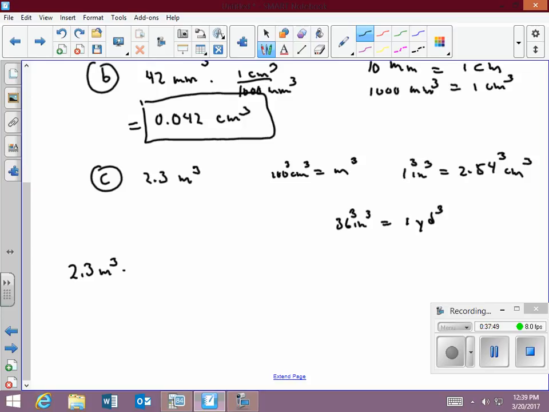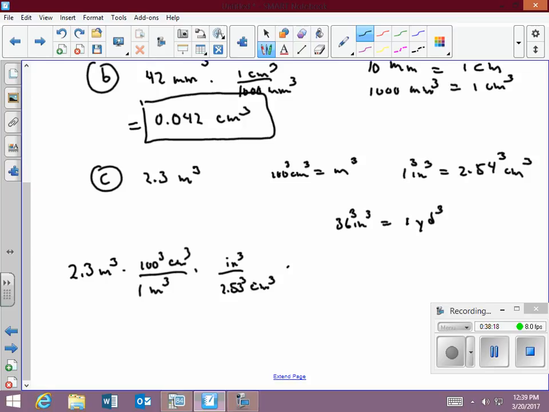So you want to convert it to centimeters, so you're going to have 100 cubed centimeters cubed over 1 meter cubed. Then you want to convert it to inches, so then you have inches cubed over 2.54 cubed centimeters cubed.